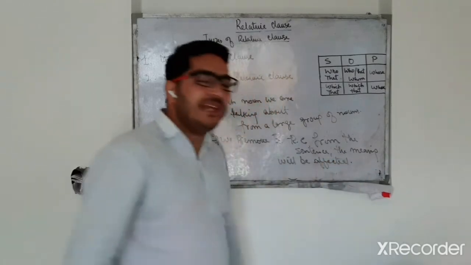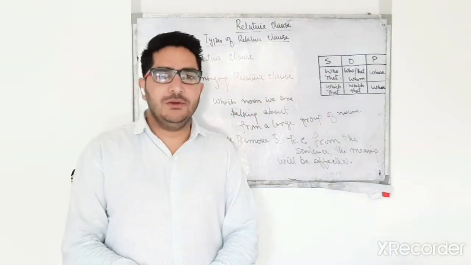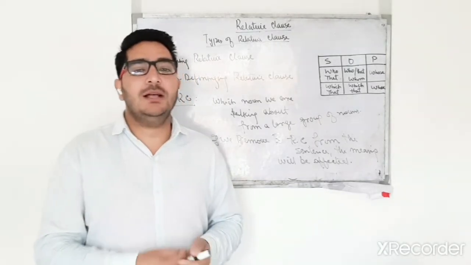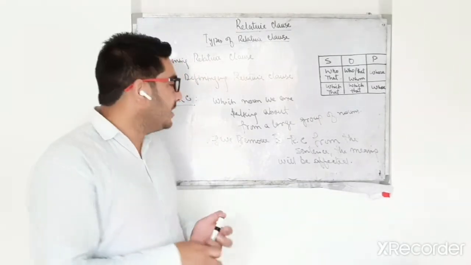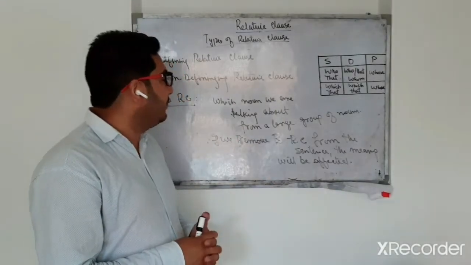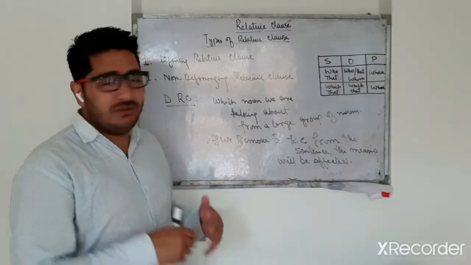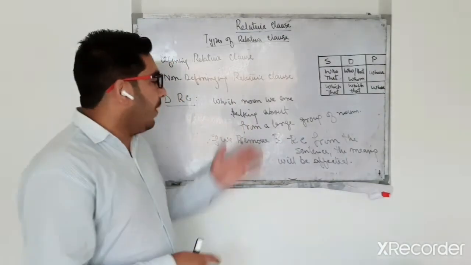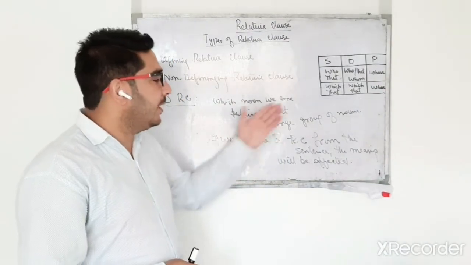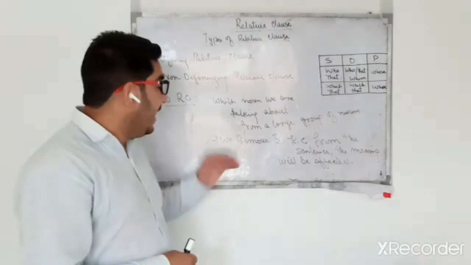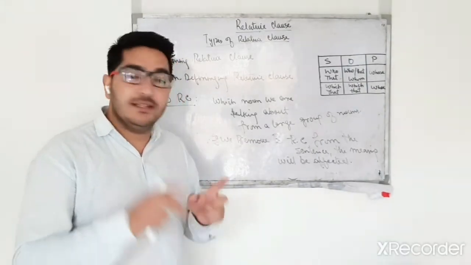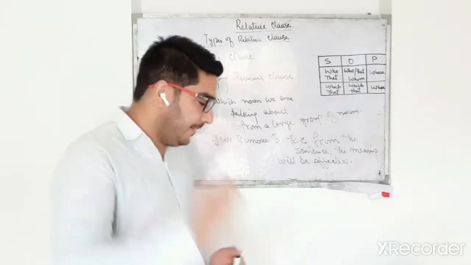The meaning of that sentence will be affected. So a defining relative clause is that relative clause which talks about which noun we are talking about from a larger group of nouns, from a larger group of people or things. And if we remove this clause from the sentence, the meaning will definitely be affected.